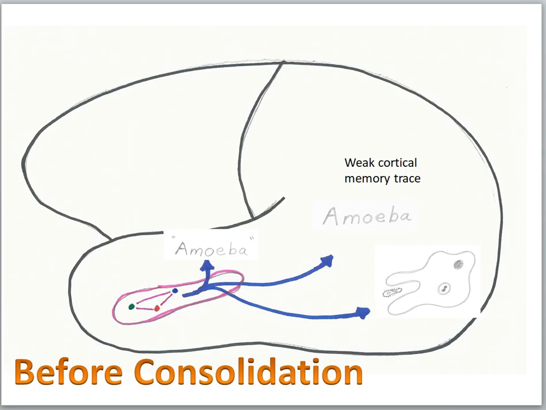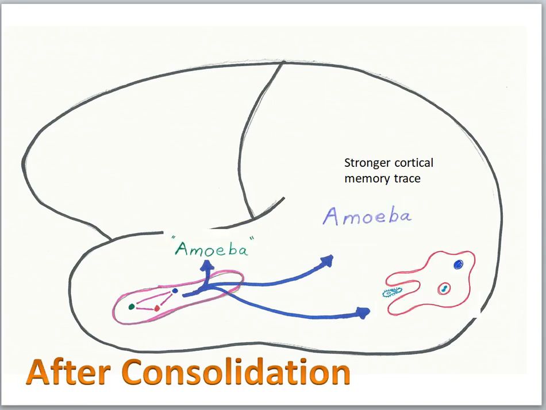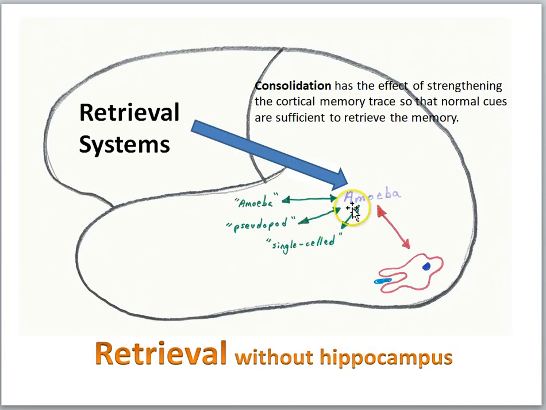In the lesson using the amoeba as an example, before consolidation we have a weak memory trace of what we learned about amoeba. After consolidation, a stronger memory trace. And when the memory trace is strong, then frontal cortex retrieval systems can activate those memories without a hippocampus even.